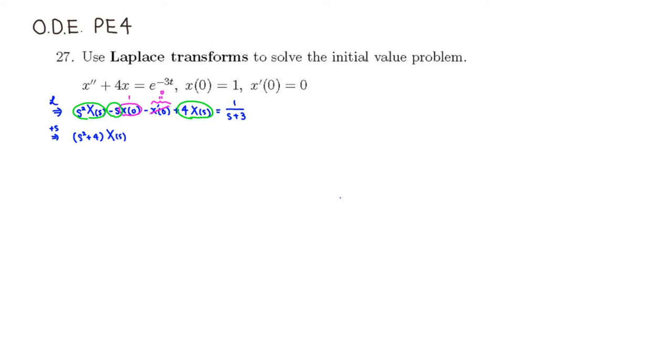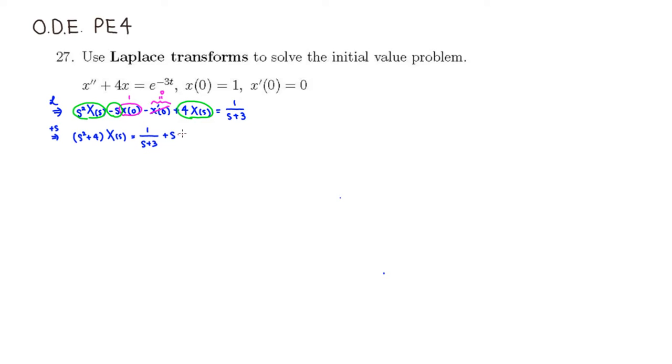So you get 1 over s plus 3, and plus s, right? Then we can take the common denominator.